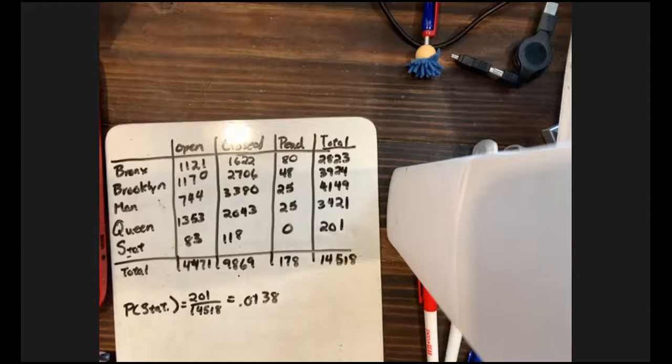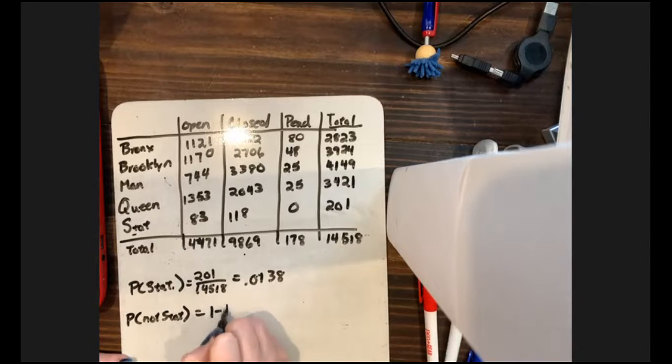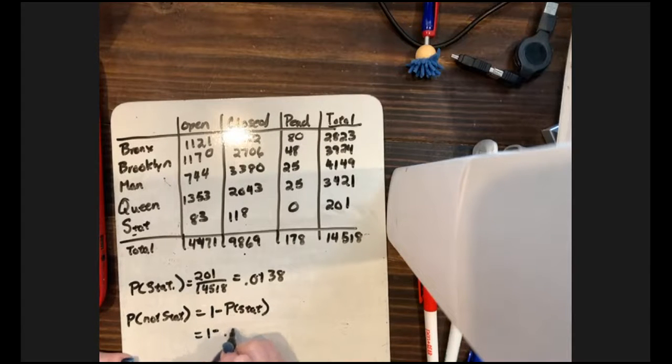Okay, now they ask us to find the probability that it's not from Staten Island. Now this is one where it's actually going to be easier for us to do 1 minus the Staten Island stuff that we just got, so that I don't have to do my grand total.